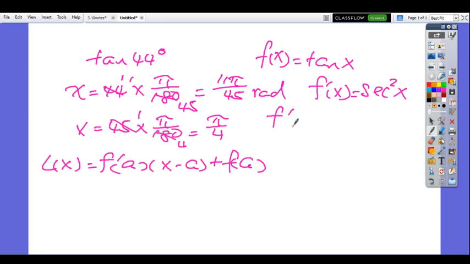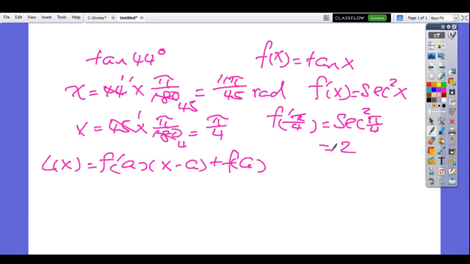And then f prime of pi over 4, f prime of a, would be secant of pi over 4 quantity squared. Cosine of pi over 4 is 1 over root 2, so the other way around, secant is root 2. So root 2 quantity squared, then that would be 2.